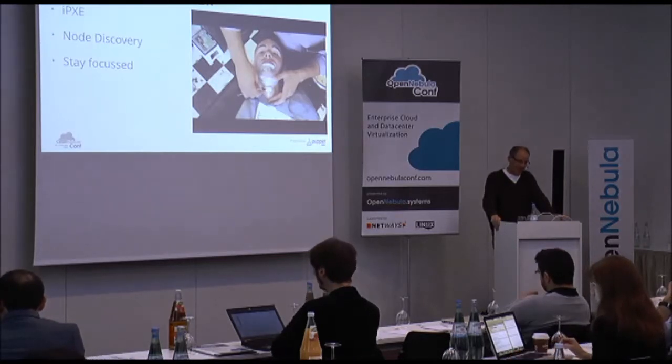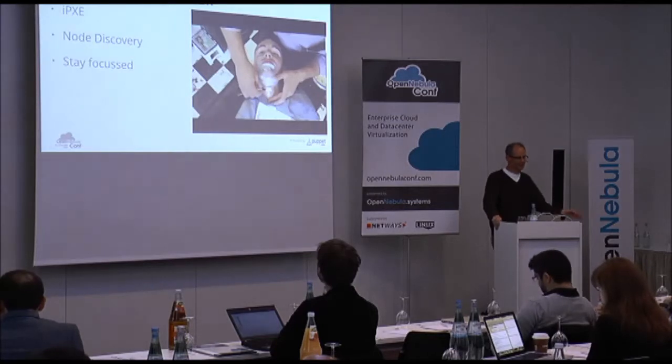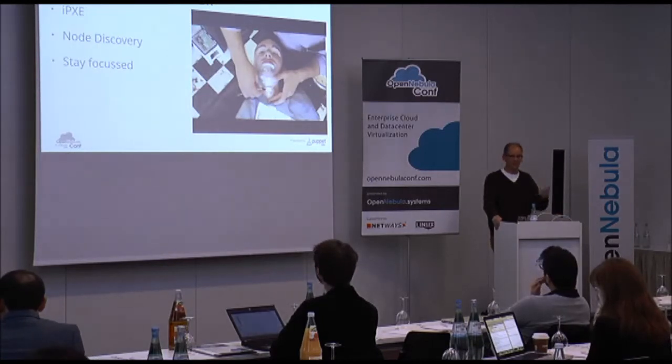And so Razor tries to be the Goldilocks of PXE provisioning tools. Don't do too little, don't do too much. The way it does that is that it tries to hand off the provisioning process as quickly as it can to a config management tool. We generally use it with Puppet and Puppet Enterprise, but it's also got support for Chef. Somebody contributed support for just laying down CoreOS installations.